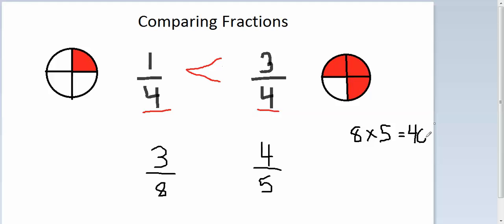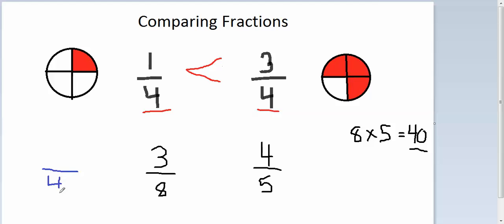So we're always going to multiply our denominators to find our new denominator. And our new denominator in this case is going to be 40. So I'm going to write our new fraction in a different color, over here.